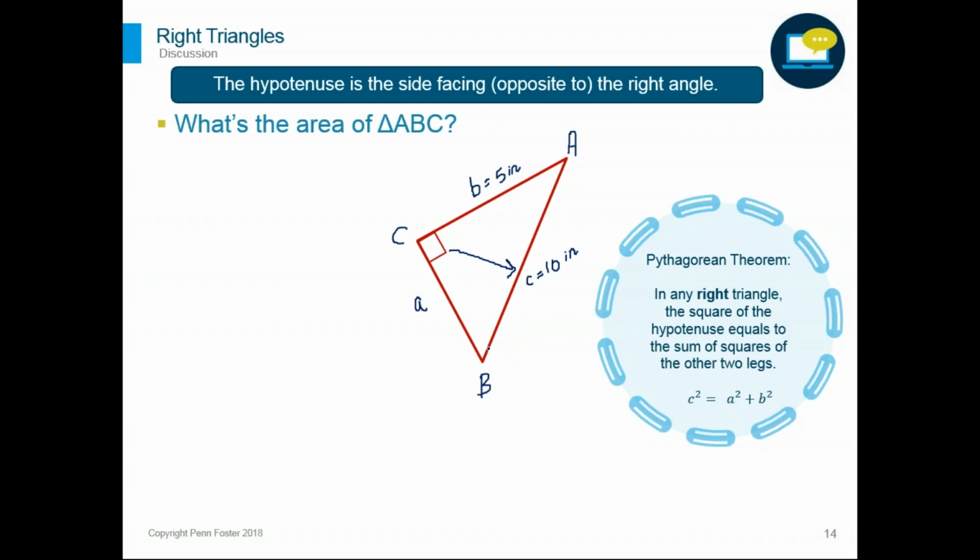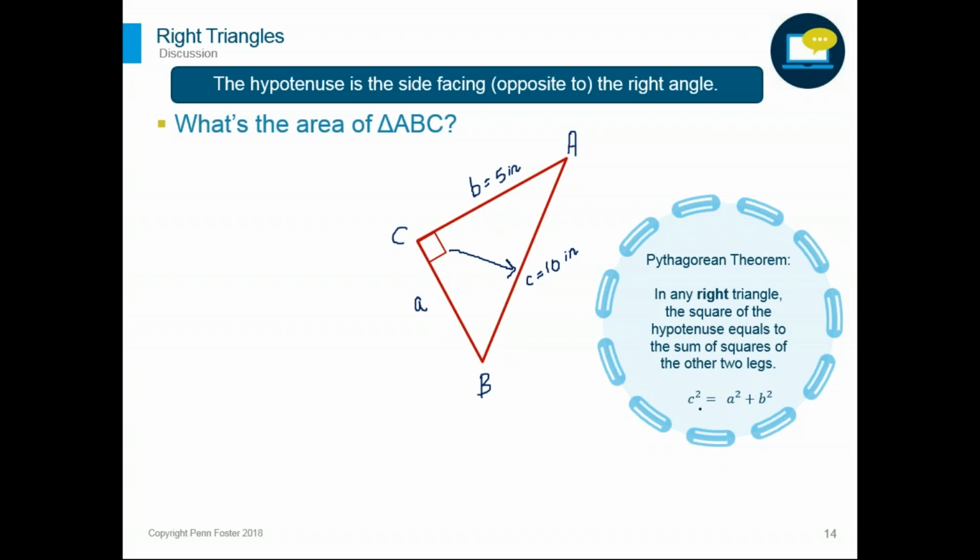So the formula that needs to use the height and the base, we cannot use that because we have the height but not the base. The other formula with the big square root sign calls for the three side lengths, and we have one missing, so we cannot use this formula either. What can we do?